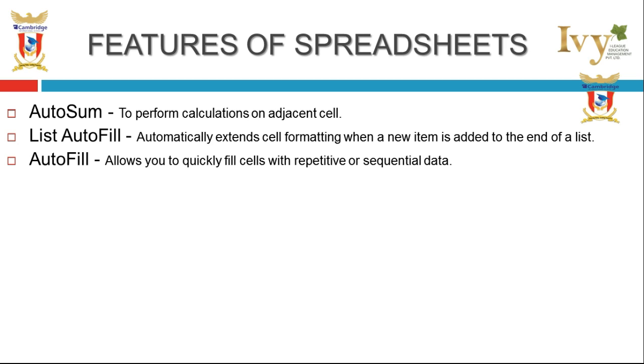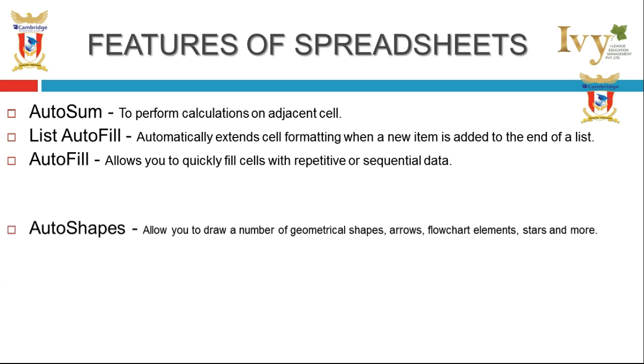Next example, let's suppose I type Sunday in one cell, then I drag that, and it will automatically fill Monday, Tuesday, Wednesday, Thursday, Friday, etc. So it's a useful feature of spreadsheet software.